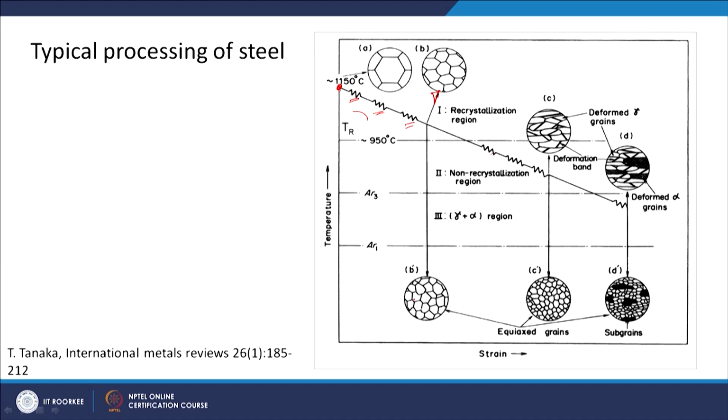You can see that the actual thermomechanical processing in industry is very complex. Your temperature is continuously dropping, and because temperature is continuously changing, the phases in the material are also changing. You start with an austenite phase, then you come into a two phase region where austenite plus ferrite both will be there, and then you go into the ferrite region maybe, where only ferrite grains will be there.